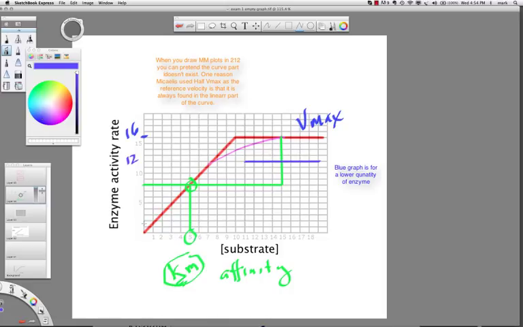So this curve has to pass through that point, 5, 6. Right, there it is. It's passing through that point. And then I continue my line right up to the Vmax. I can't go past the Vmax. That's as fast as this enzyme can work. And there is my new curve for the Vmax, same Km. This is the new Michaelis-Menten plot for a lesser concentration of enzyme.